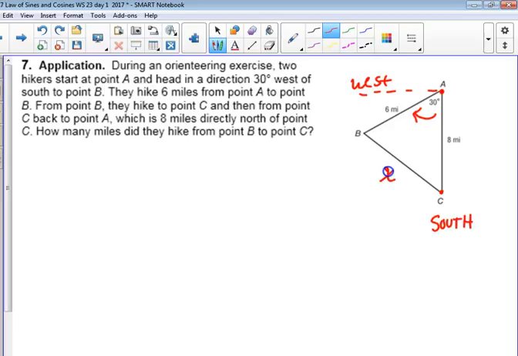We need to figure out how long they hiked in here. So what are we going to use? Sines or cosines? Law of cosines. So we're going to set up x squared equals 6 squared plus 8 squared minus 2 times 6 times 8 times the cosine of 30.